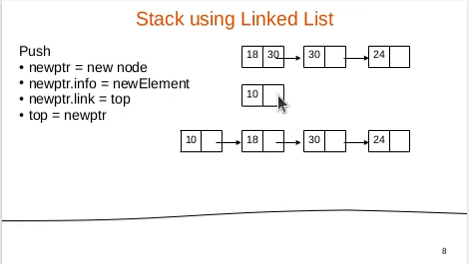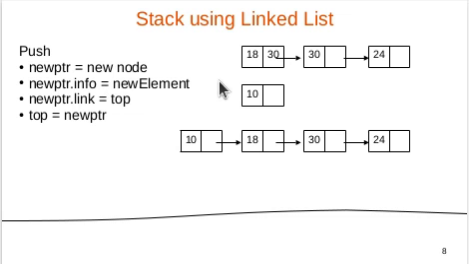That means this will be linked to top. So here, if this is the first element, top will be null, so here it will be null, and top will be new ptr.